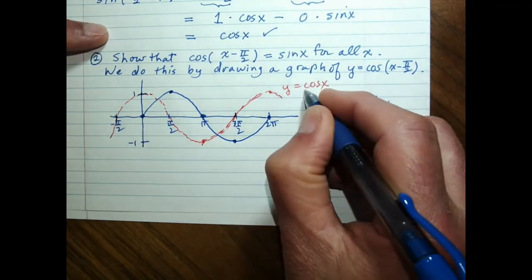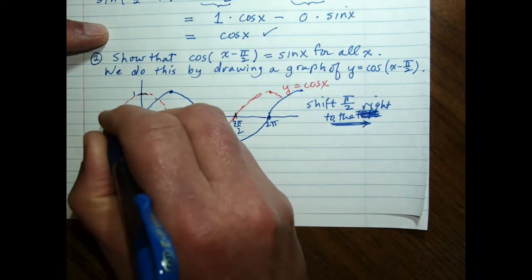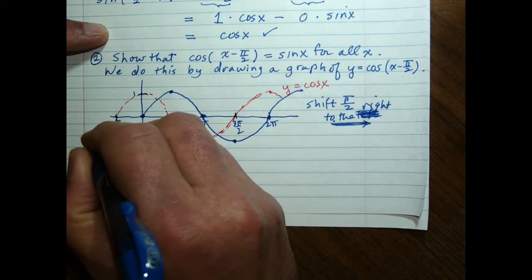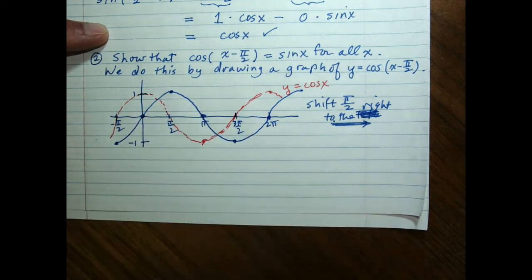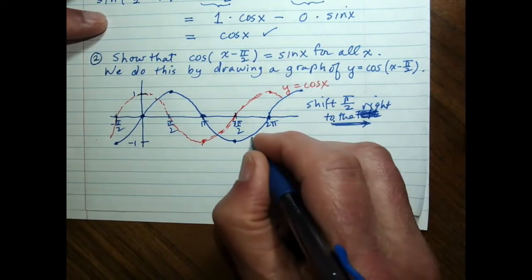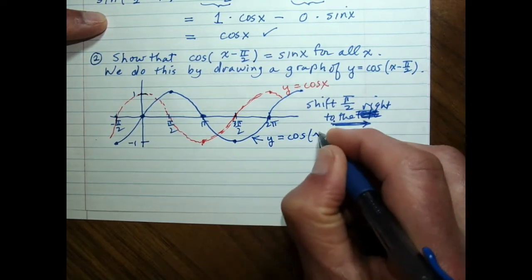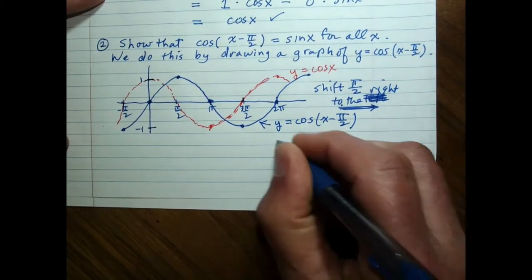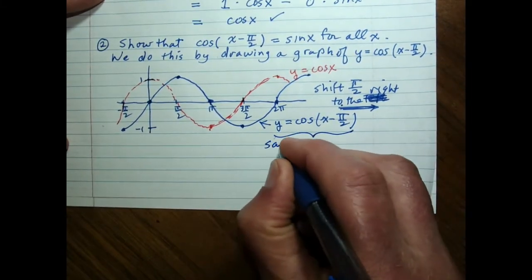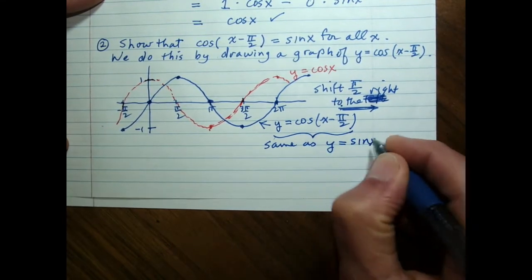And this point's going to shift over further. And the point at minus pi, minus 1 is going to shift over to here. Okay. And I think what you can see is this graph of y equals cosine of x minus pi over 2 is the same as the graph of y equals sine x, right?